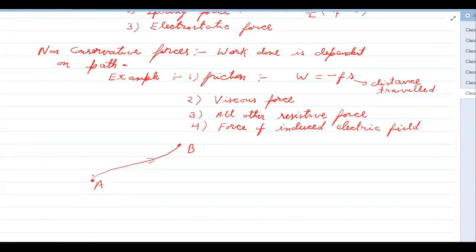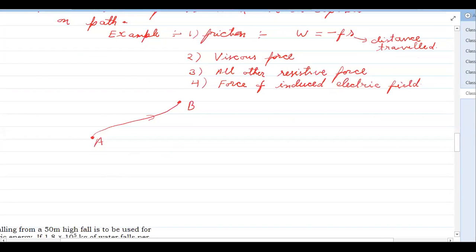Since conservative forces have work done dependent only upon the initial and final points, we can associate some energy at point A and at point B, and just by taking the difference we can find the work done. So that property is actually potential energy. That we will try to verify now. Okay, so now we will write the relation between potential energy and work done by a conservative force.